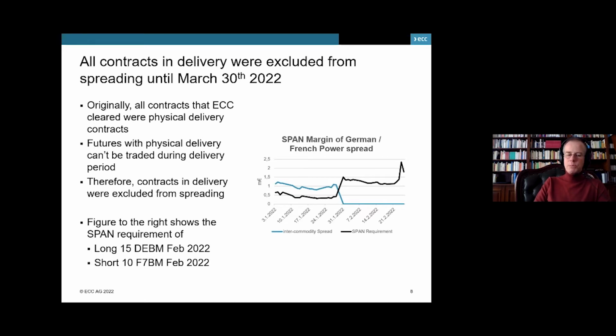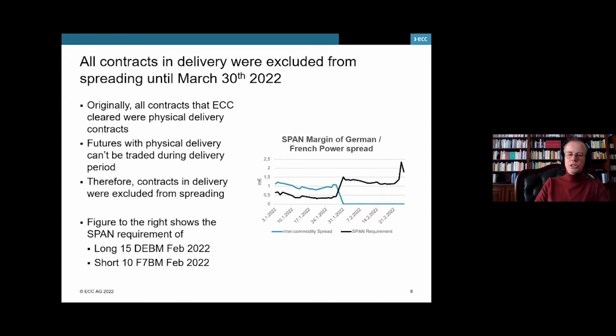So in total, the margin requirement was about 500,000 for that portfolio, and about 1 million was spread away. So the nice thing is from 1.5 million scanning risk, we reduced the margin using the previously explained cross margining by 1 million. But then the delivery period started here in February.